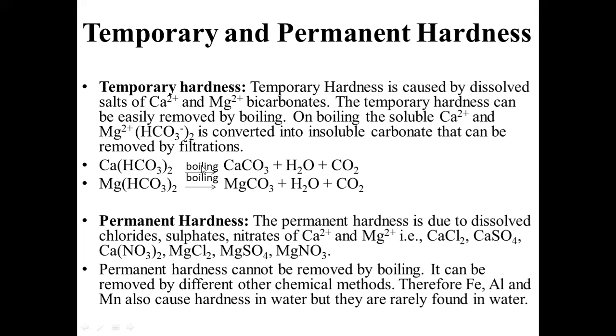Upon boiling, calcium bicarbonate is removed as calcium carbonate, and magnesium bicarbonate is removed as magnesium carbonate. In the process, water and CO2 come out. Very important, it is temporary hardness.